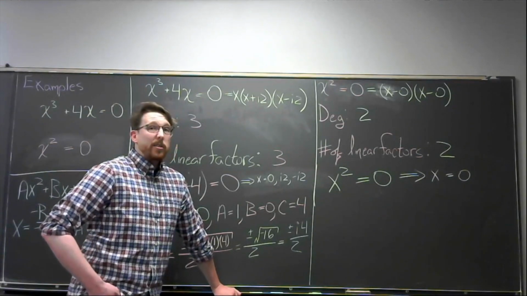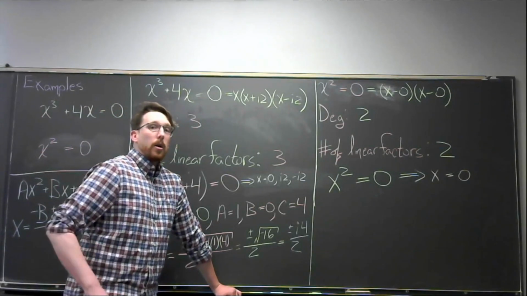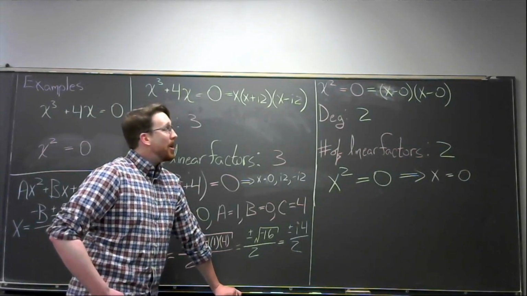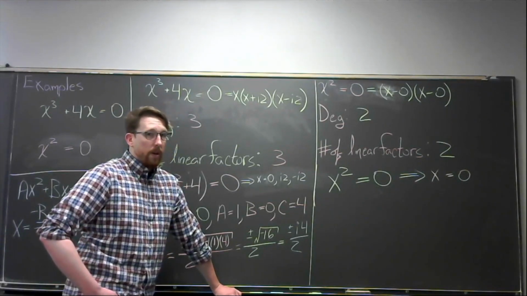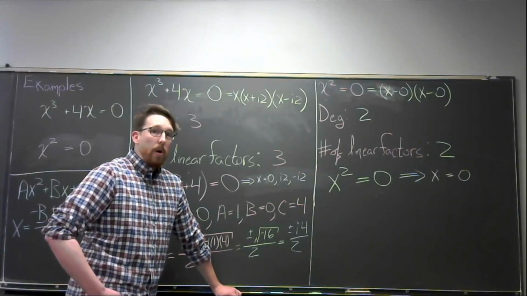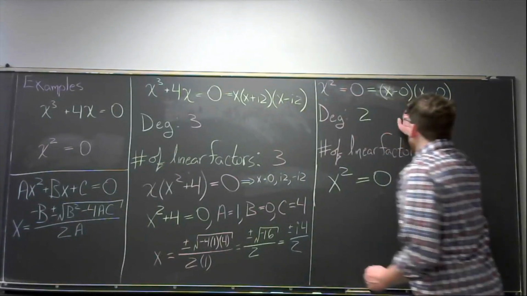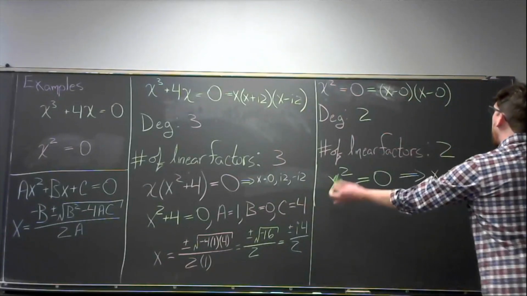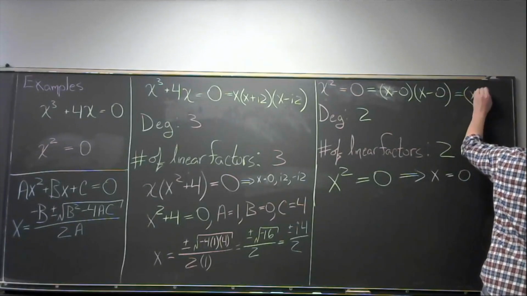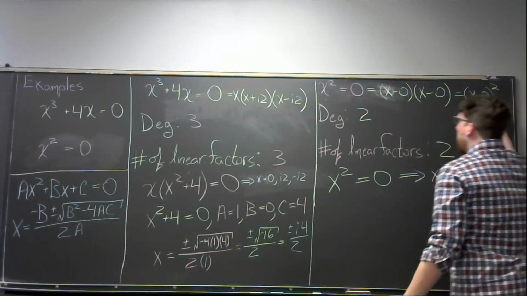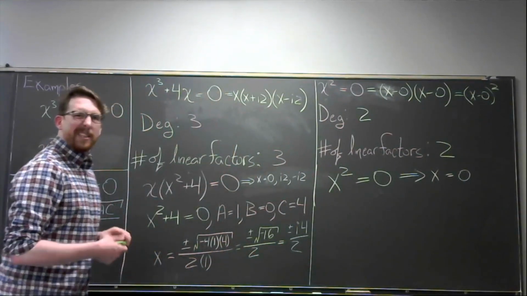If you find less, well, might be worth checking, or it means that when you go to write out the linear factors, at least one of them needs to have a power on it. So notice we can rewrite this now here as x minus 0 squared, but x minus 0, that's x, same thing, right? Exact same thing.